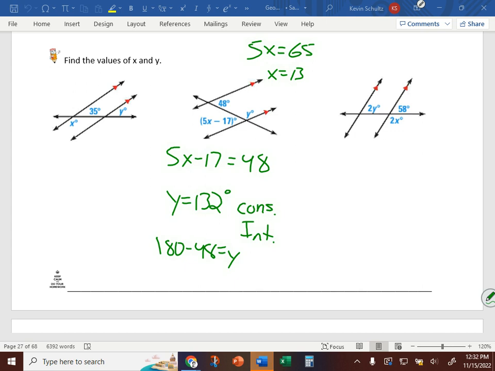So would angle 5x minus 17 just be 48? That's what the angle measure equals, yes. But if we want to solve for x, we want to know what value for x makes that true. So x would be 13. The angle measure is 48 degrees, but we set this equation up to solve for x to make it 48 degrees. Okay.